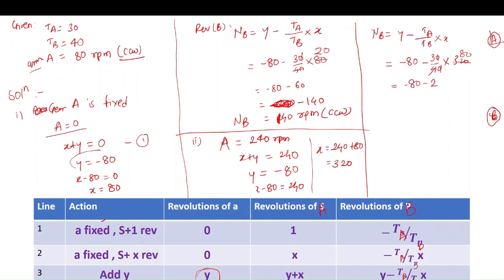Minus 80 minus 240 equals minus 320. What does this minus indicate? 320 rpm counterclockwise. As simple as that. Thank you.